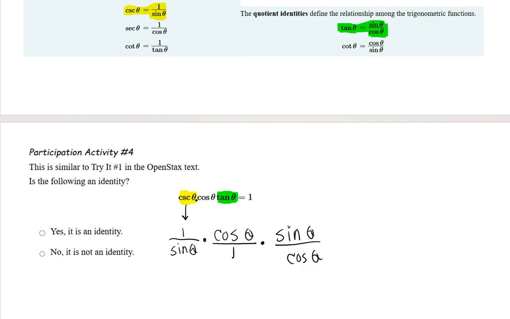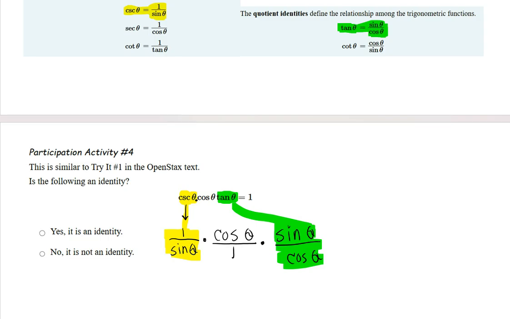So basically I replace this tangent with sine over cosine, and I replace this cosecant with 1 over sine, and I didn't mess with the cosine.